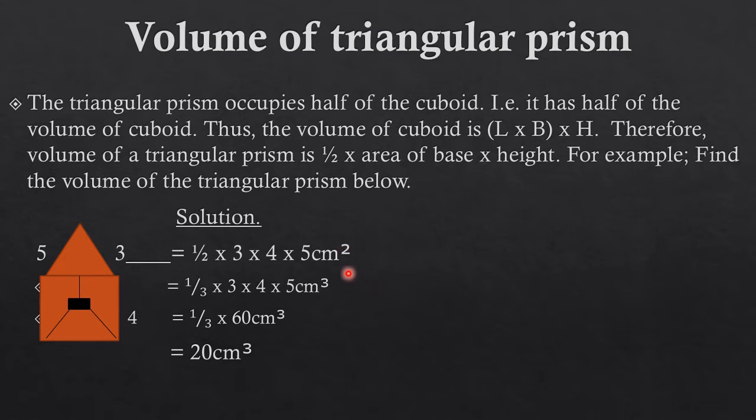Now, using the formula for the volume of a cuboid, given that we have a prism where here is 5, here we have 3, and here is 4. So our breadth is 4, and our height is 3. The height of the triangular prism is 3, and the breadth of the triangular prism is 4.